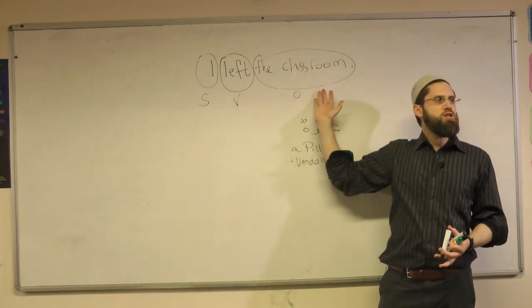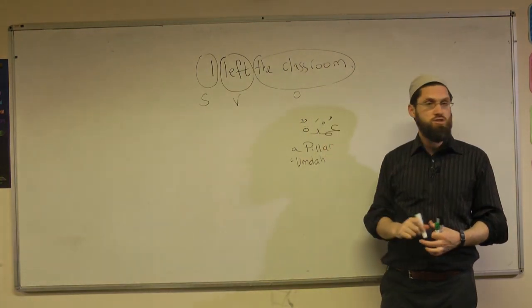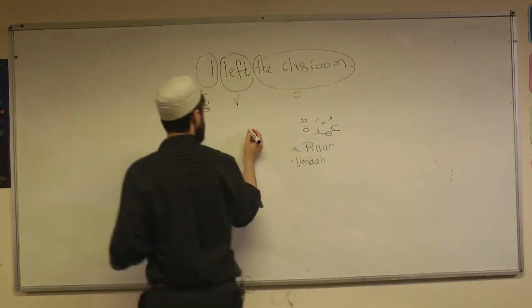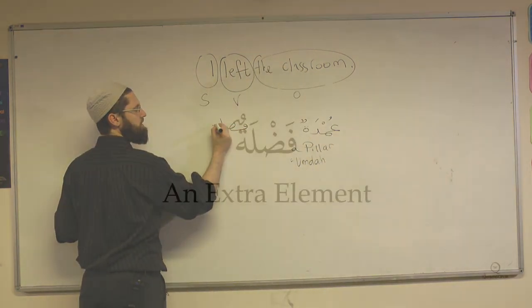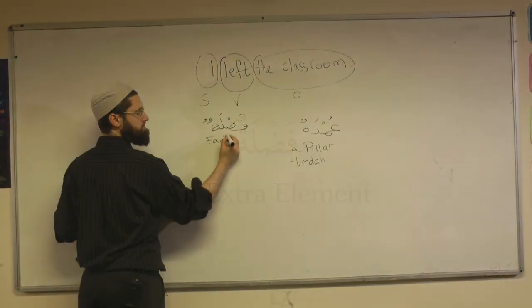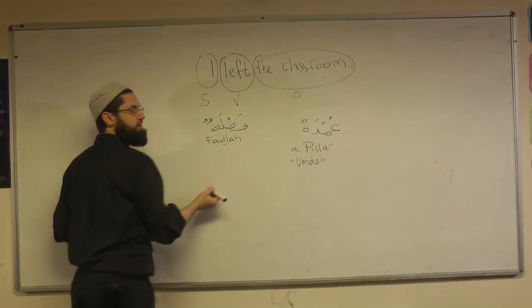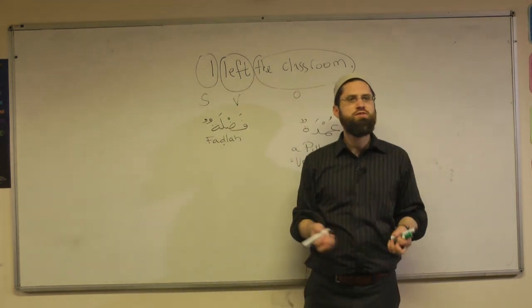If the element of the sentence is not necessary to the sentence, we call it in Arabic, from the same root, a fadla. You're thinking of fadila, which you pronounce in Urdu, obviously, fazila.